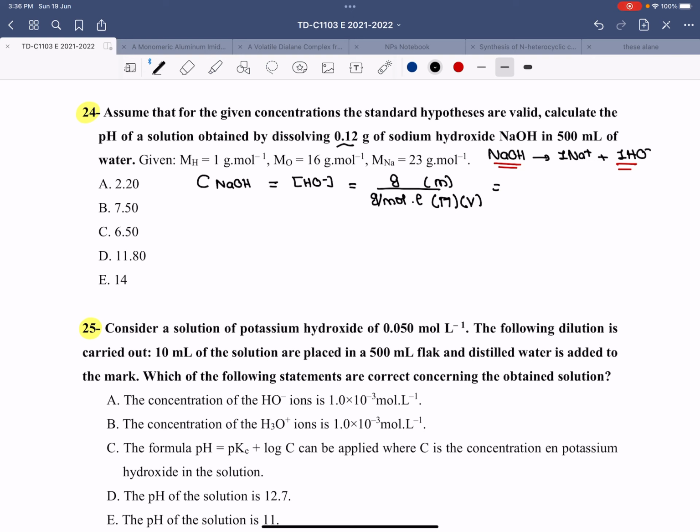So it's equal to the mass, 0.12 grams, divided by the molar mass. We know how to calculate the molar mass of anything. Basically, NaOH is Na 23 plus the oxygen 16 plus the H, which is 1, times 500 ml, which is 0.5 liters.